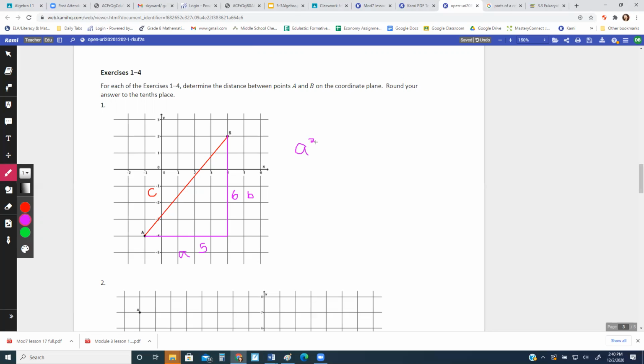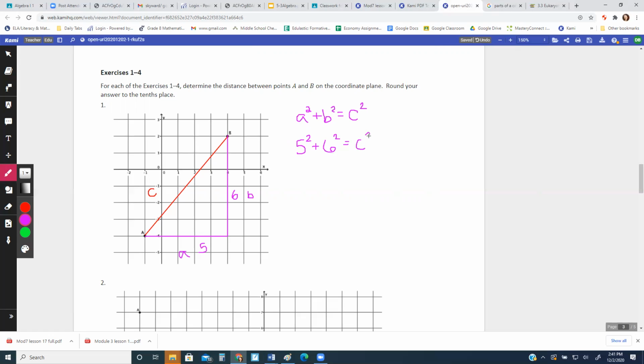So A squared plus B squared equals C squared. 5 squared, I'm jumping the gun here, guys, plus 6 squared equals C squared.